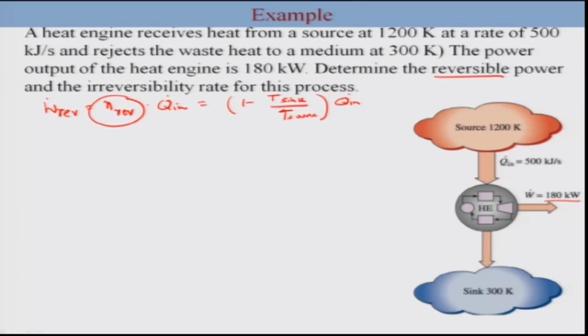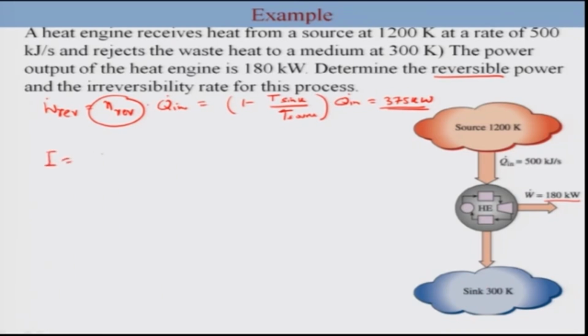T sink is 300, T source is 1200, Q in is 500. This turns out to be 375 kilowatt. So now this is basically nothing but the maximum power that can be produced by the heat engine. That is, this is the available power for the condition of sink at 300 Kelvin.